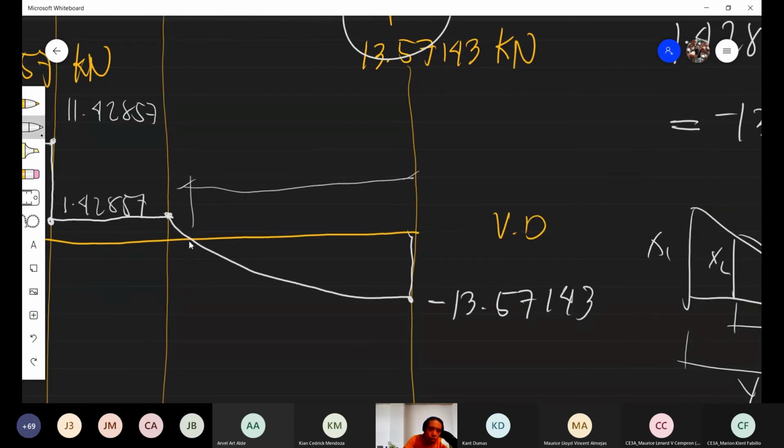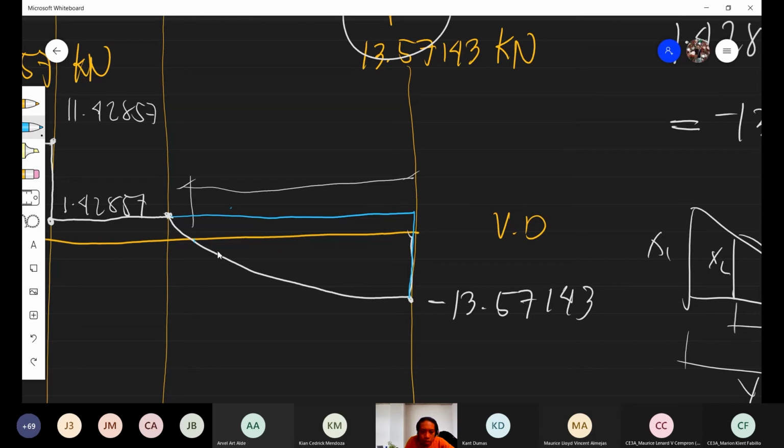Let me use another color again. We can relate this, not the spandrel. We can relate this one and this one. Do you see it?